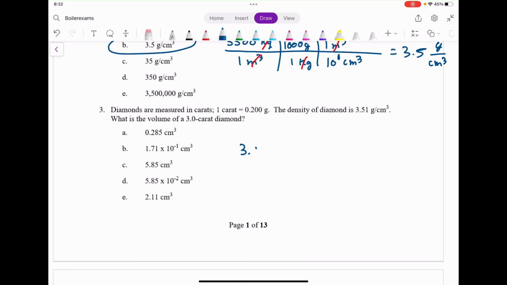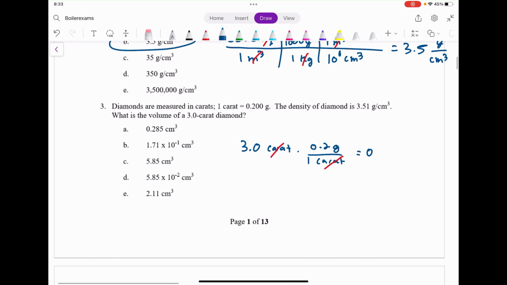So we have 3.0 carat, and we know that 1 carat equals 0.2 grams. So let's use this conversion factor. In 1 carat, there's 0.2 grams. I'm going to put carat on the bottom so that this cancels. 3 times 0.2 is 0.6, so 0.6 grams.